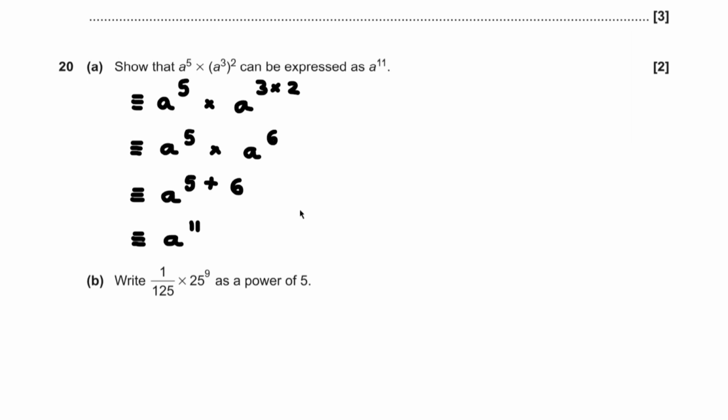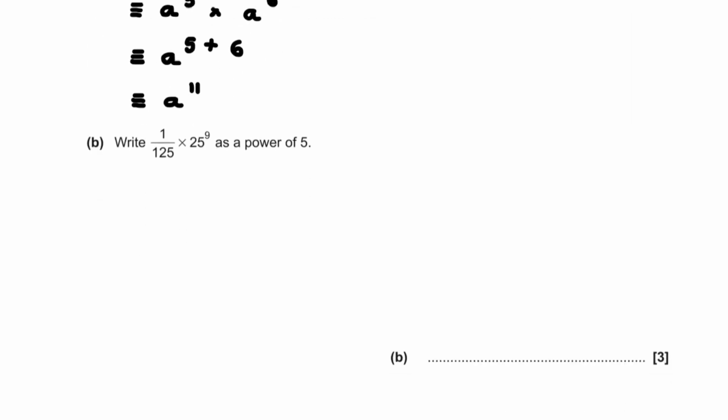Part B, we have to write 1 over 125 times 25 to the 9 as a power of 5. Well, 125 is the same as 5 cubed. So I've got 1 over 5 cubed, and then I multiply this by 25 to the 9. Here, 25 is the same as 5 squared. I've got 5 squared to the 9.